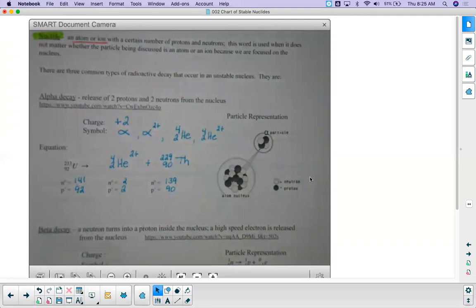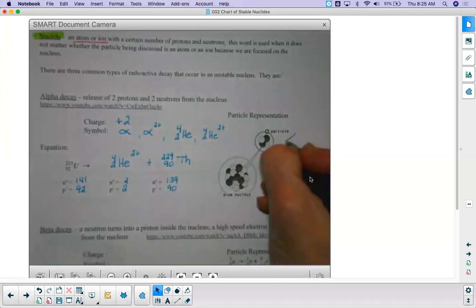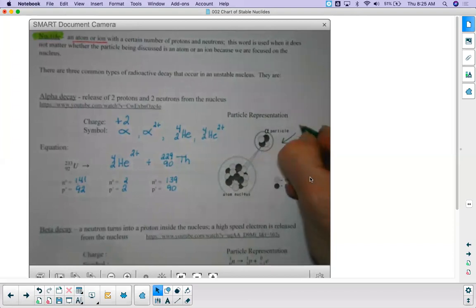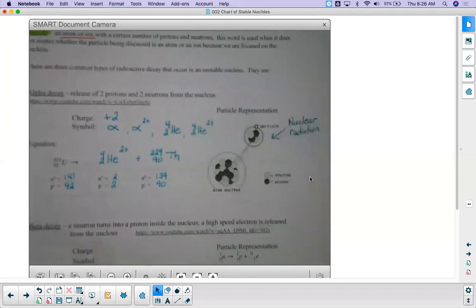This piece over here, the alpha particle, is the nuclear radiation. It would make my radiation monitor beep. And I think this is the first really big thing to understand about radioactive decay.